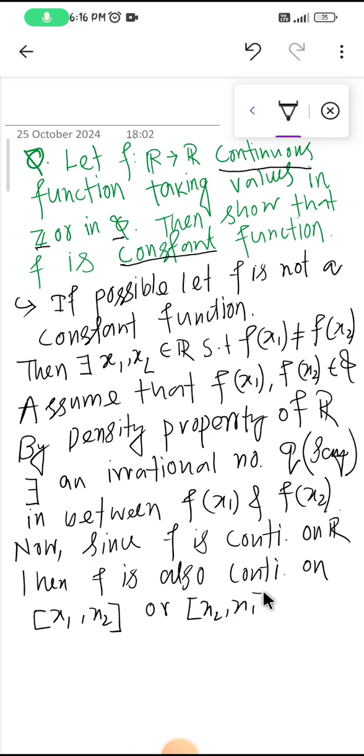Why? Because we don't know which is bigger, x1 or x2. So we can say that f is also continuous on [x1, x2] or [x2, x1].